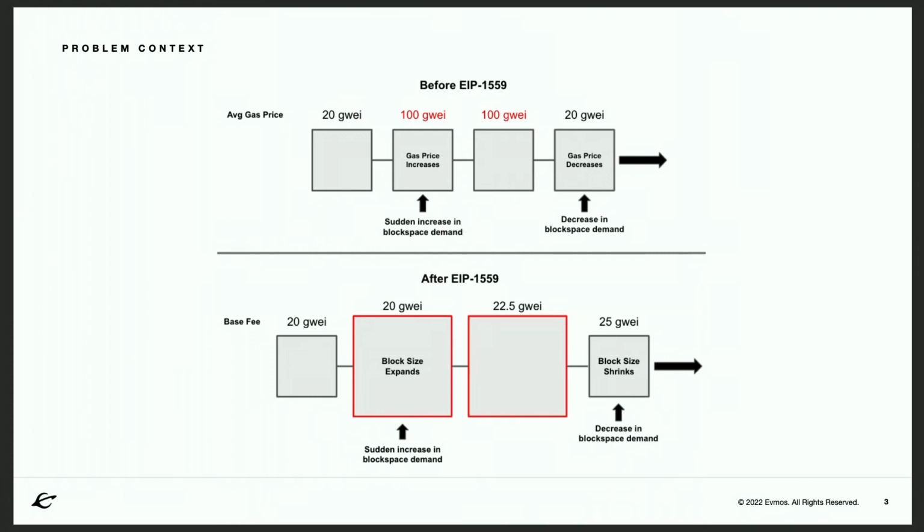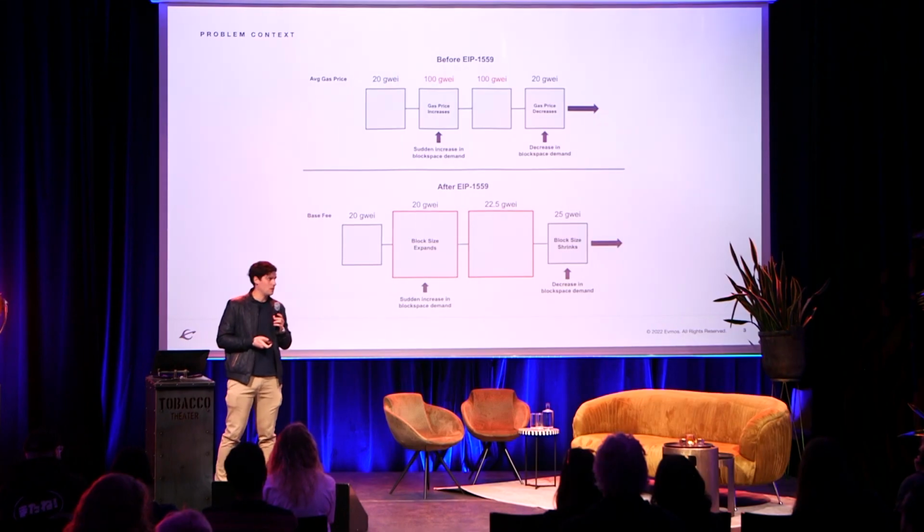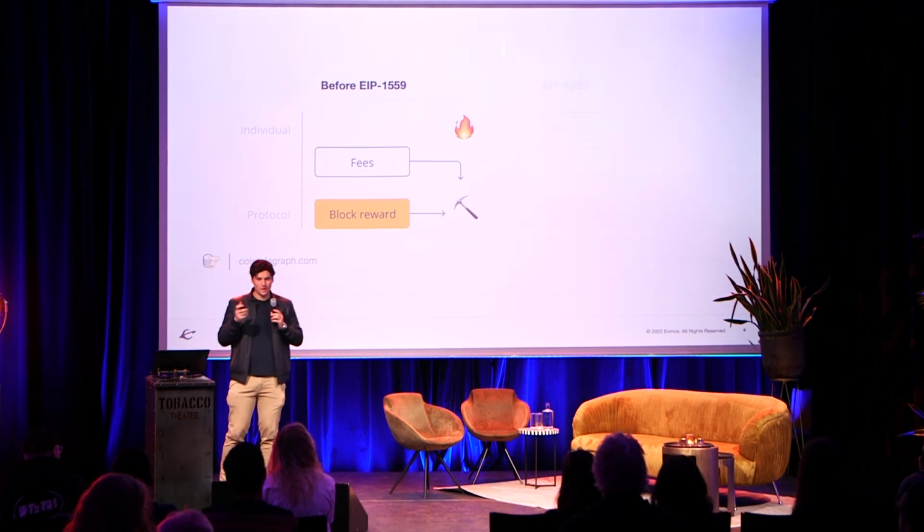There were also economic benefits and security implications, but basically it was trying to create a fee market so that the transaction fee was more predictable for users, and you don't have to wait for additional confirmations, multiple blocks, when suddenly there was a sudden increase in block space demand. I'm not going to dive deep into EIP 1559 because that's another topic, but I'm going to explain now how it works at a higher level.